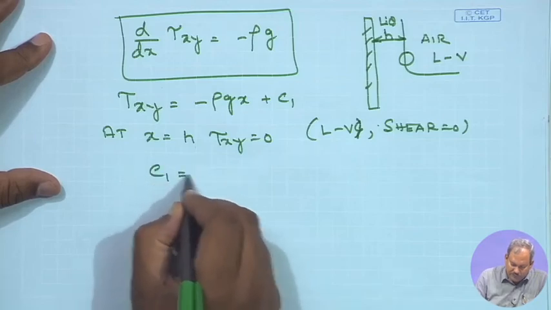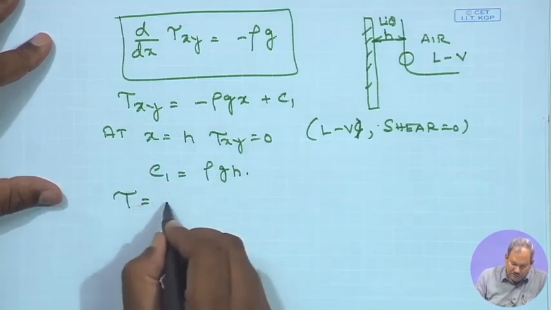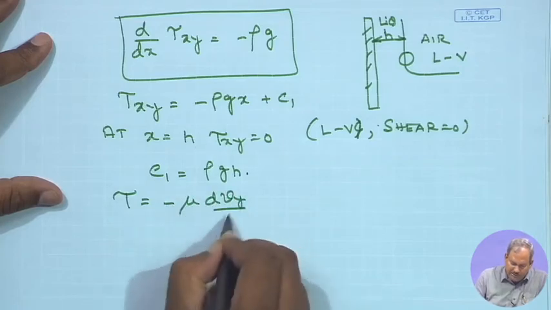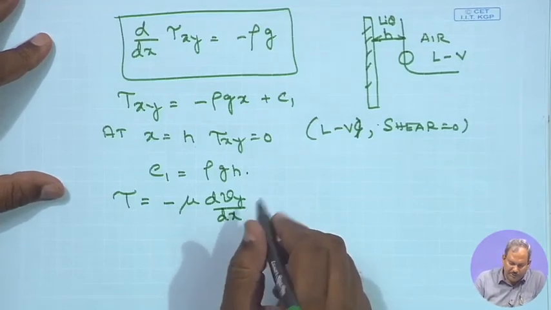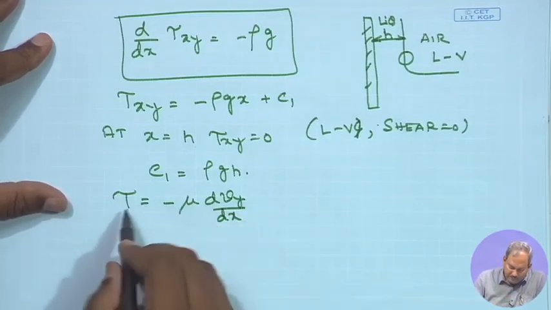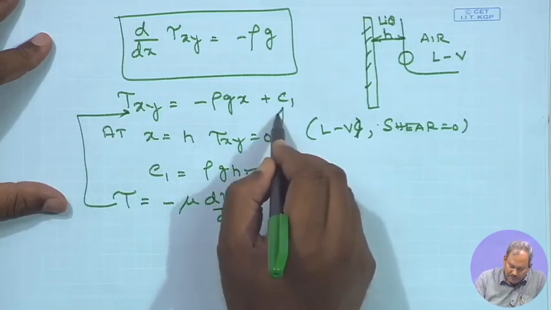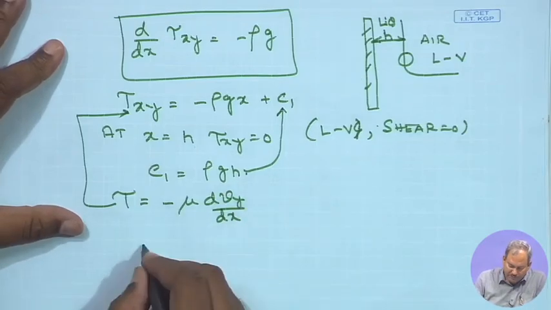So, your C1 would simply equal rho g h, and also tau, if I assume it is a Newtonian fluid, is simply going to be mu times dvy by dx. Plugging this in here and using the value of C1 as rho g h, you can integrate this. I am leaving it for you to do.